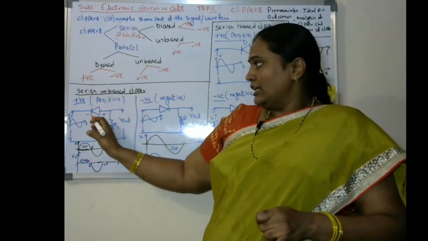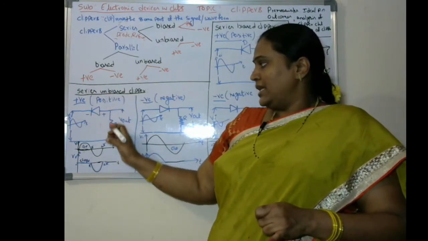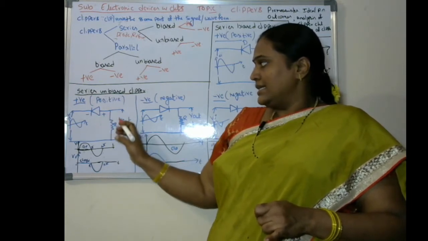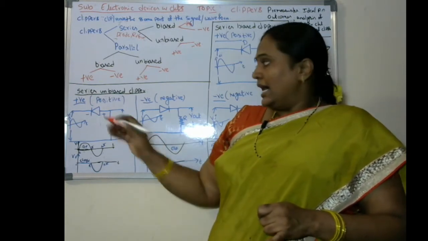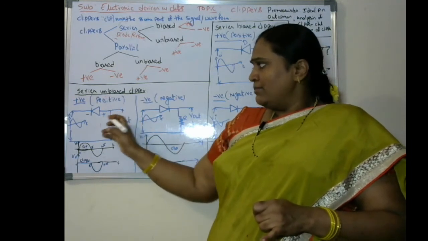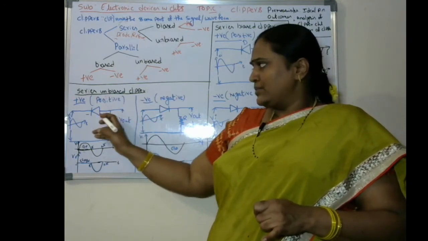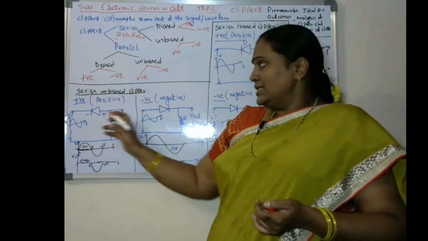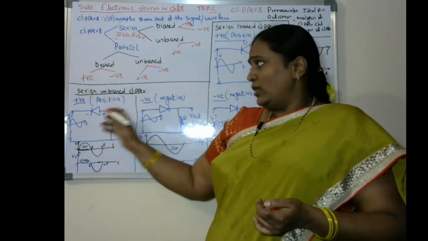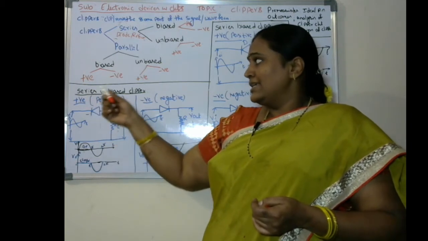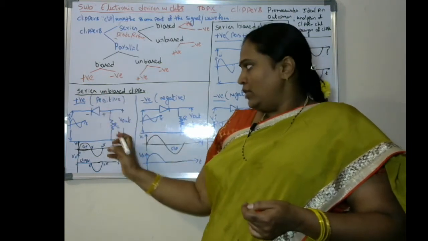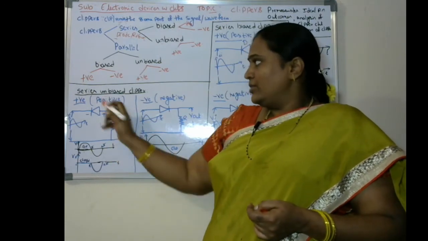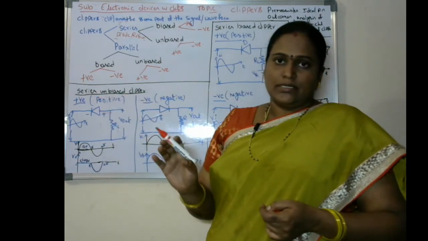If you observe in this, the diode has been connected in series with the RL resistor, and the output voltage is measured like this. Okay. So in this I am using the diode in series. That's why it will be called series. Next, I am not using any external voltage. So that's why it will be called an unbiased clipper.